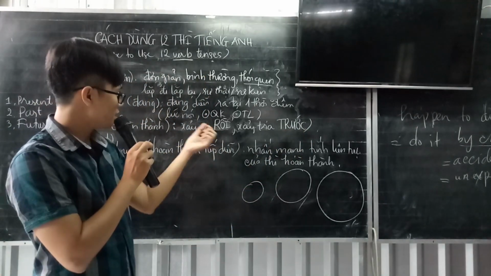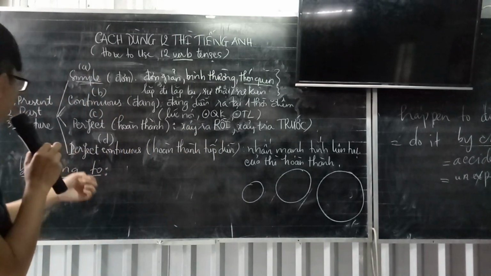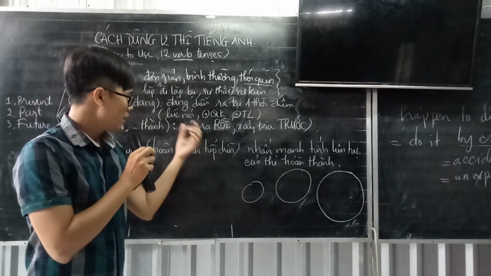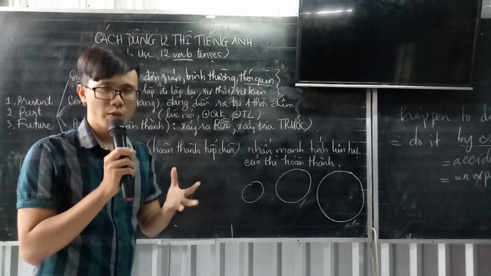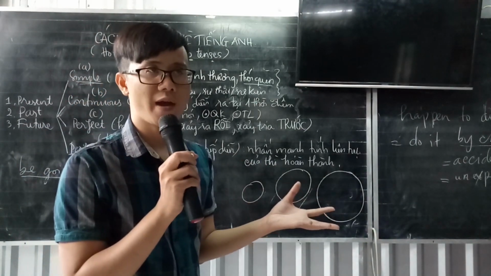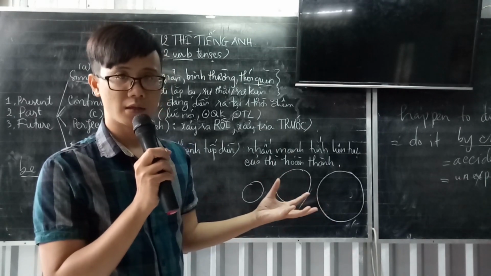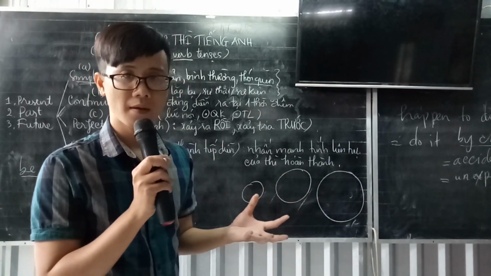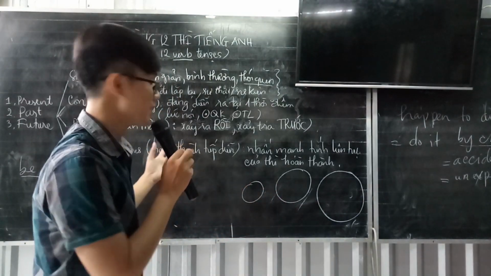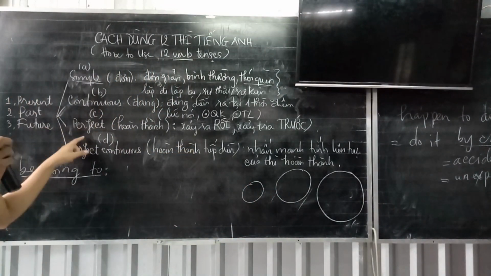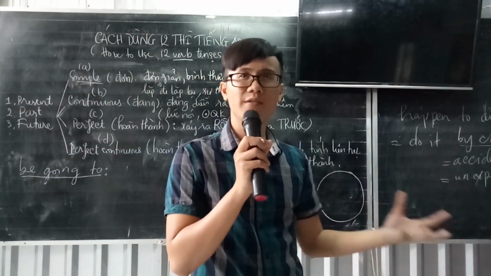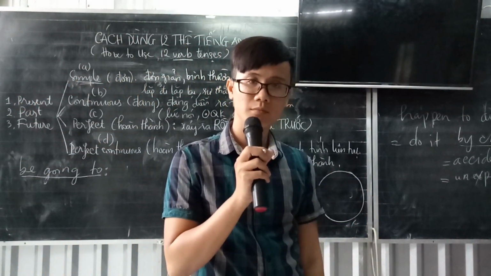And this word, we can take present perfect for example. An action which has already happened, but we don't know the exact time, we use present perfect. For example, I've already done all my homework.